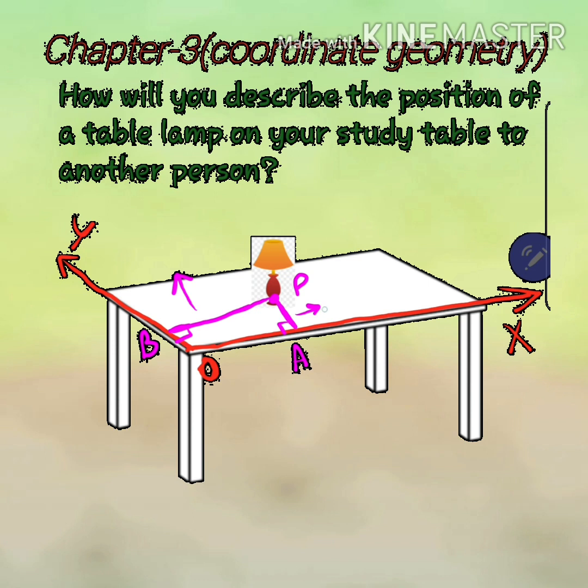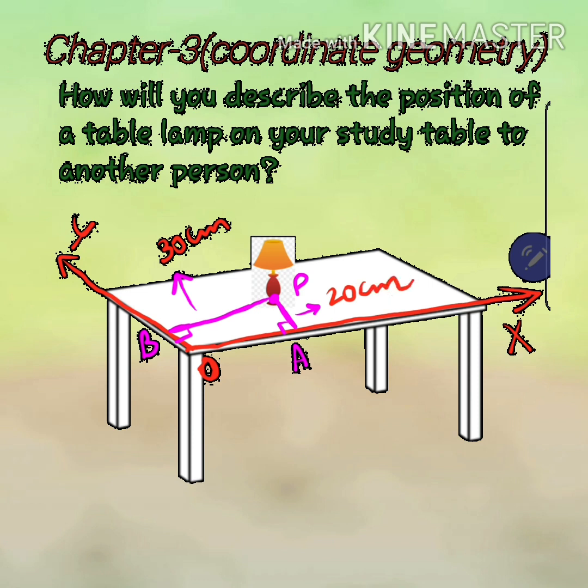Then for example, the distance of this point P from point B is, suppose, 30 centimeters. We are just taking it as an example. And the distance of P from A is 20 centimeters.